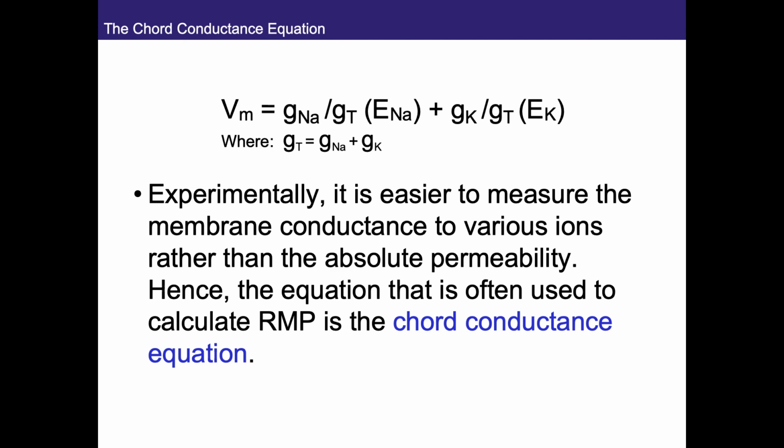Right around zero, exactly. Now that there's a larger conductance for sodium, it would pull the resting membrane potential very close to zero. It'd be right in between the two equilibrium potentials, right around zero.